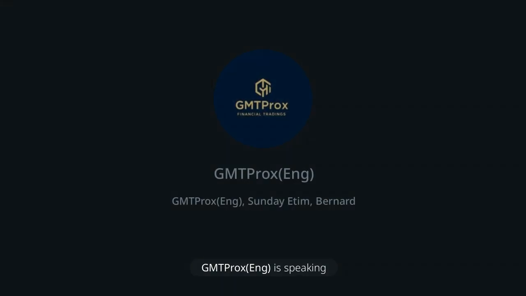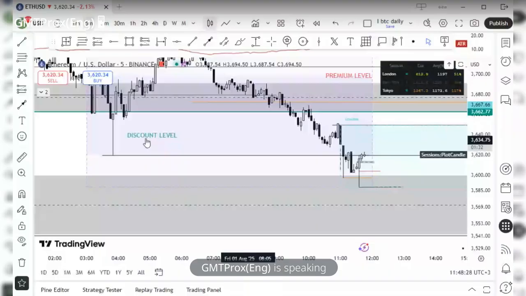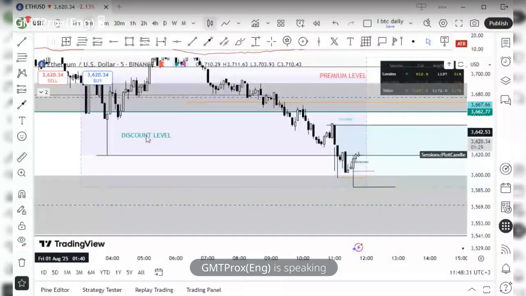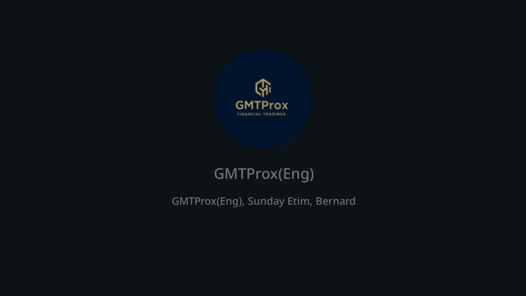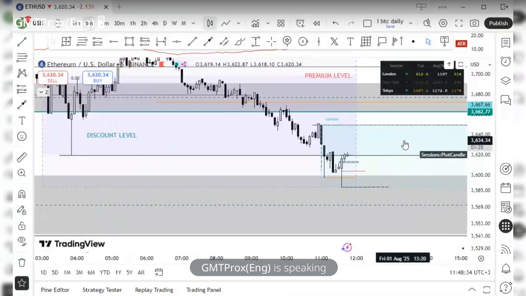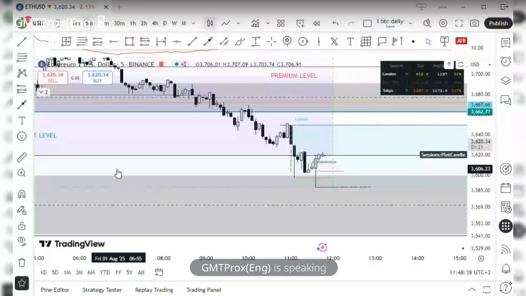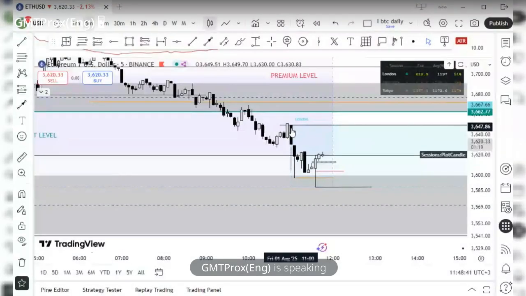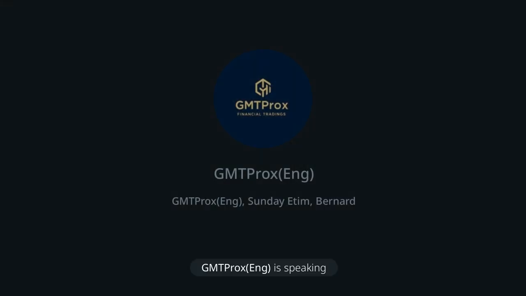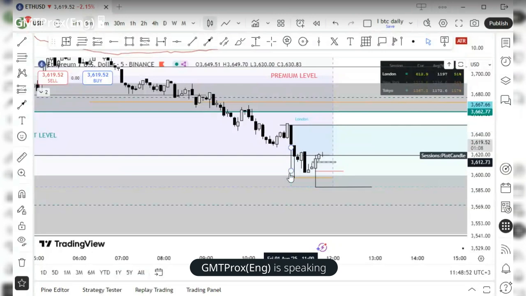So lower time frame, yes. Now you see on a lower time frame, this candlestick here is the one, which is initially the cause of this breakout. This is the first one. So now look here.